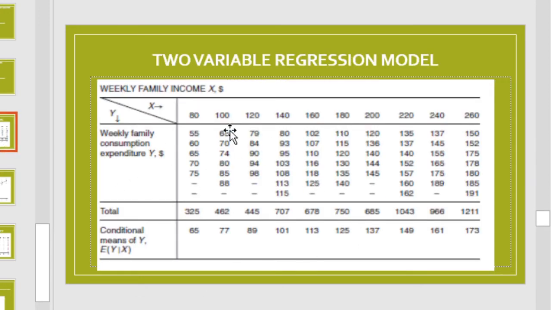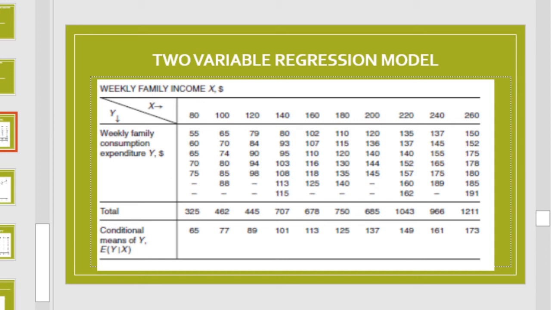We have a population of 60, so we get the average consumption expenditure of these families, and the average value is about $121.20, which is the unconditional expected value of weekly consumption expenditure.